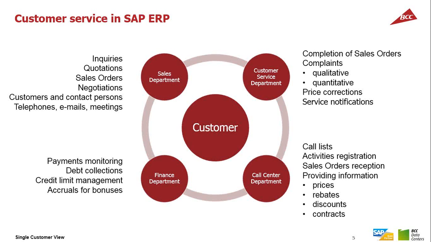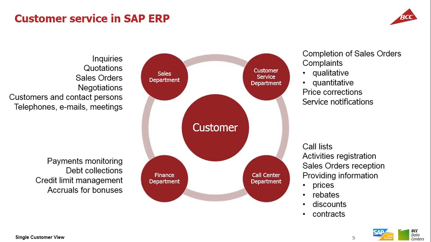Customer service may also notify service department that service activities will be required for the customer. So once those activities are fulfilled, we are sure that we did everything we had to do best in order to satisfy the customer.